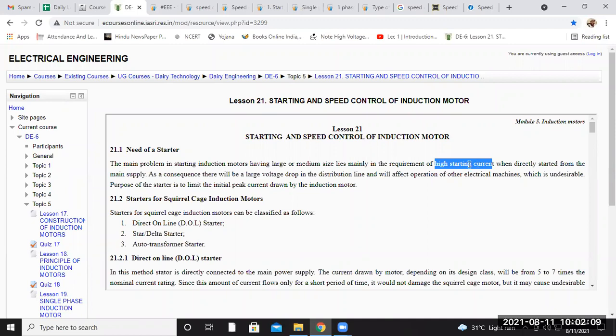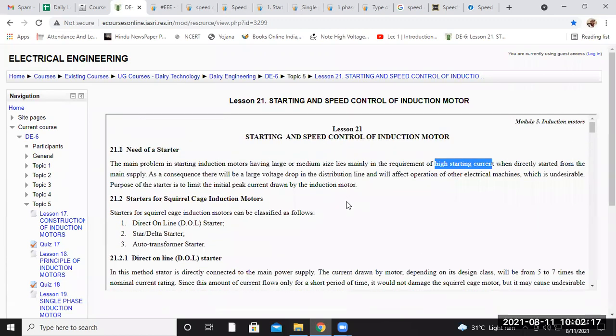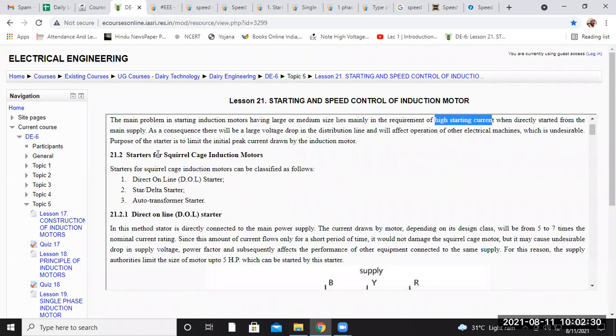That means 80 volt will be lost as a type of loss. That's why we need a starter, and also because the high starting current can damage the insulation of the induction motor. So these are two main reasons we need a starter to start the induction machine.